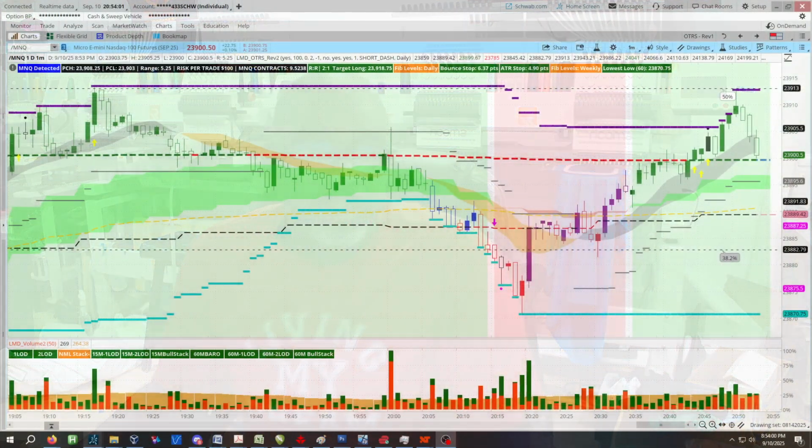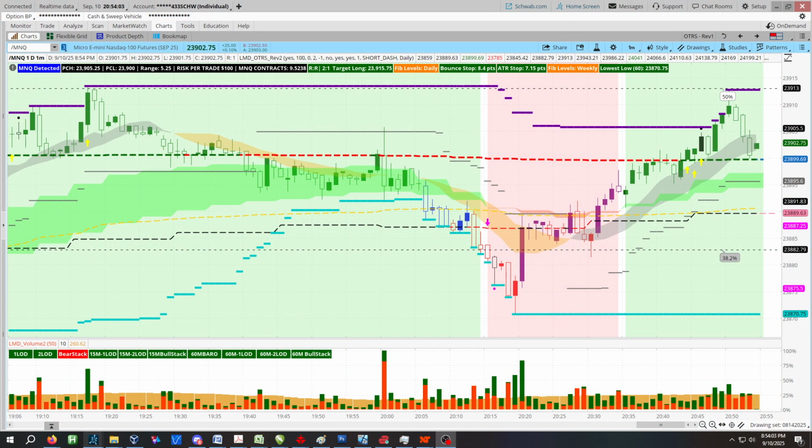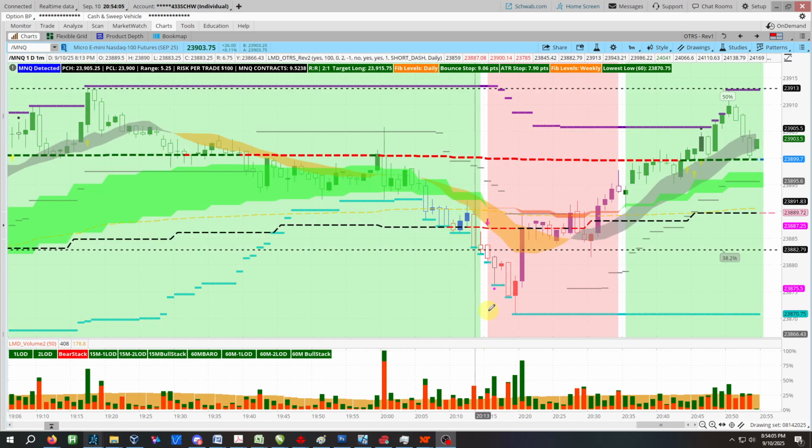So let's jump on over to TOS charts, and this is currently where the market is at. It is September 10th. It's 8:54 in the PM, and when I wrapped up my recap video, I had stated that this right here was going to be a good trade.